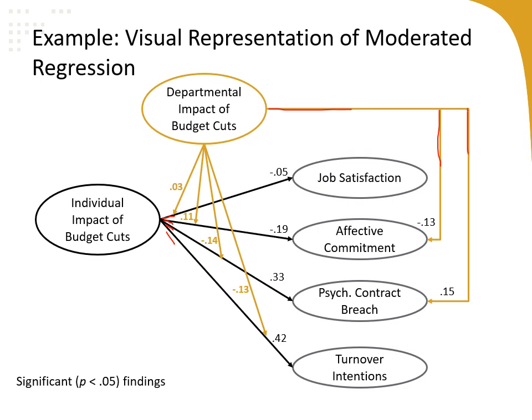And then whenever you see a line that goes from a bubble representing a construct down to a line that represents a main effect, this is just representing a moderated effect. This relationship depends on this thing right here. So this is just a visual representation of tables 2 and 3. And you may see something that looks like this reported in a journal article. And here I only reported the significant findings.